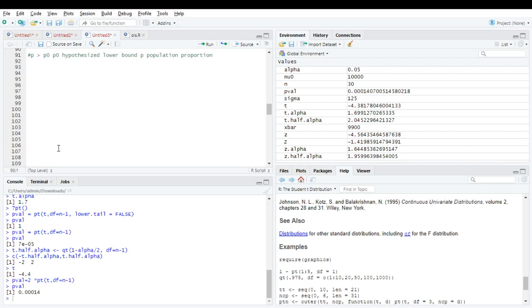Okay, so in this case we have to compute the z statistic, which is p bar, the sample proportion, minus p0, divided by the square root of p0 times 1 minus p0, divided by the number of samples, n.